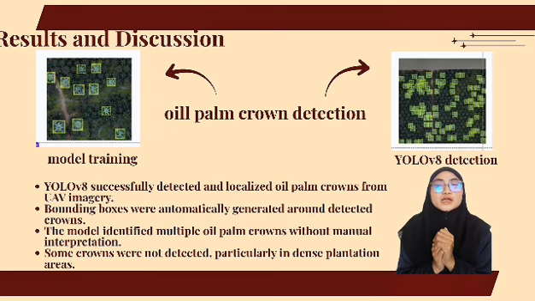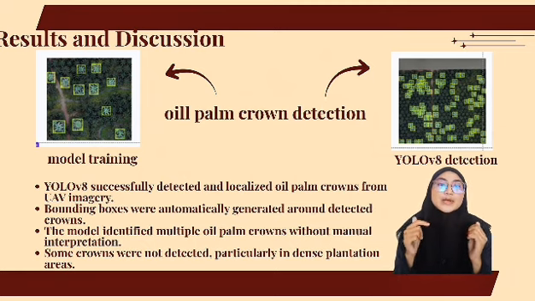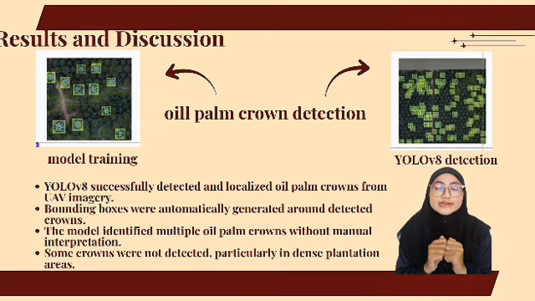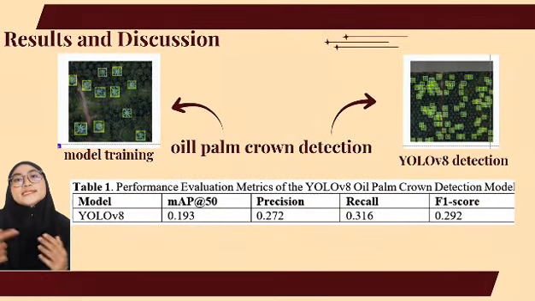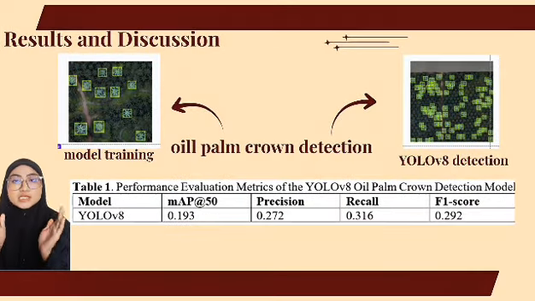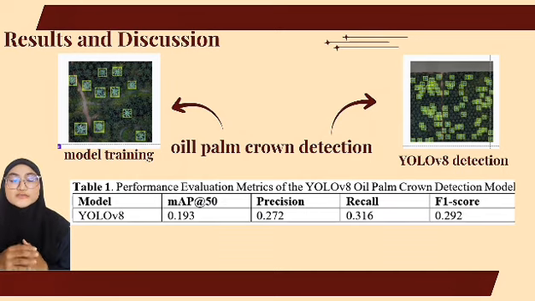However, one interesting observation is that several oil palm crowns were not detected, particularly in dense plantation areas where crowns overlap and canopy is complex. So now this is the detection result generated by the YOLO version 8 model. The model successfully identified numerous oil palm crowns and localized them using bounding boxes.